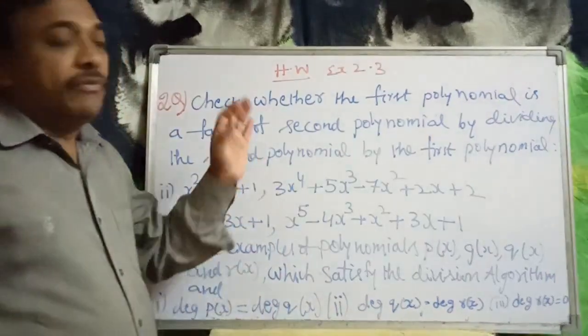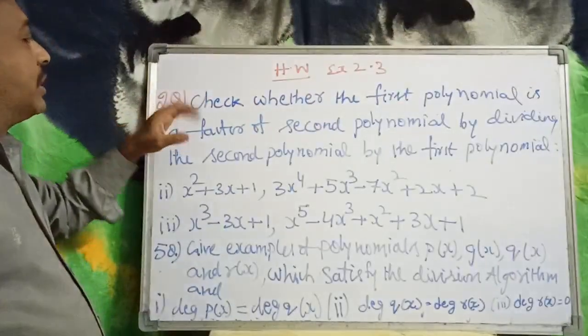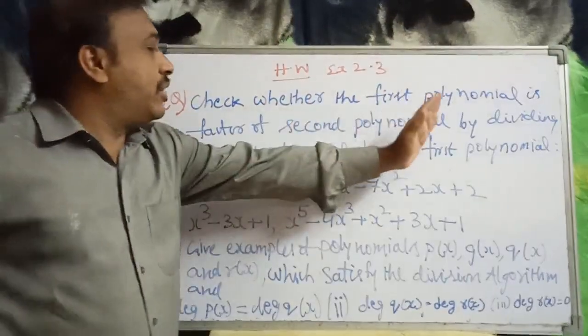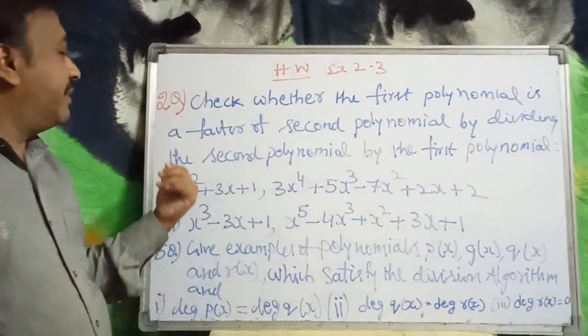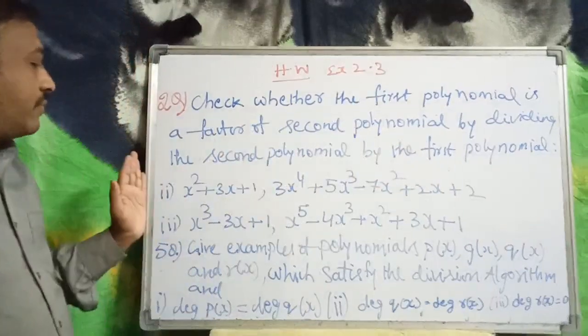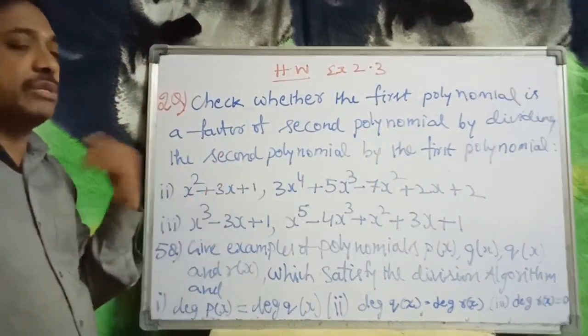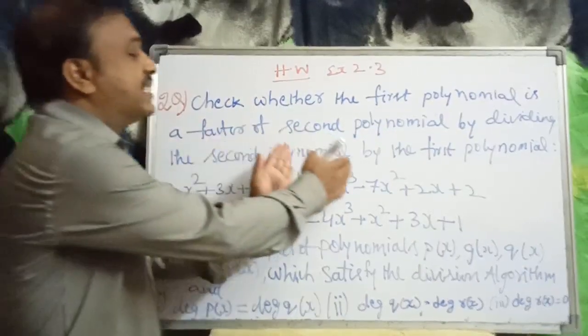Now homework, here are some homework questions from exercise 2.3. Question number 2. Check whether the first polynomial is a factor of the second polynomial by dividing the second polynomial by the first polynomial. This is the first polynomial and this is the second polynomial. So this is g of x and this is p of x.